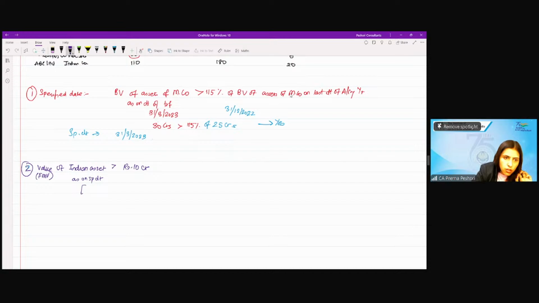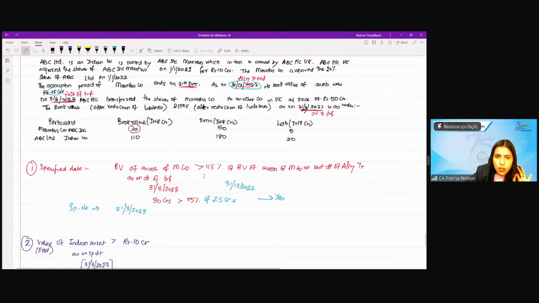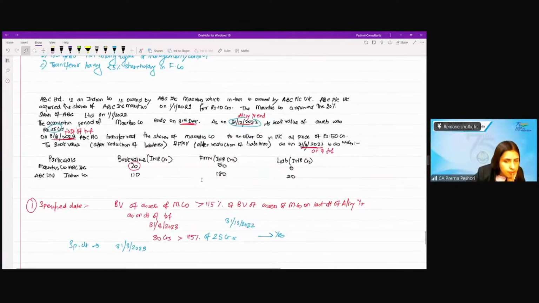Specified date is 31st March 23, which is my date of transfer. So whether the value of the Indian asset is exceeding 10 crore? What is the value? Which numbers again you are looking at?